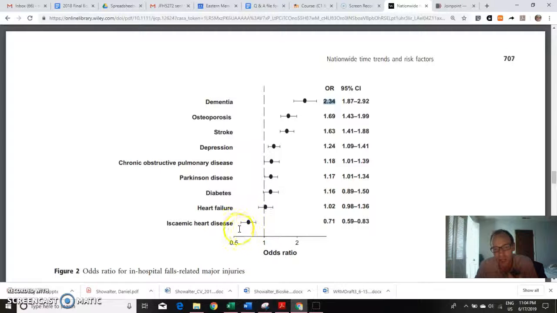And then we have one down here, this heart disease, which is actually significantly less likely to have one of these falls-related major injuries because it's so far to the left that odds ratio of 1 isn't even part of that, so significantly less likely.